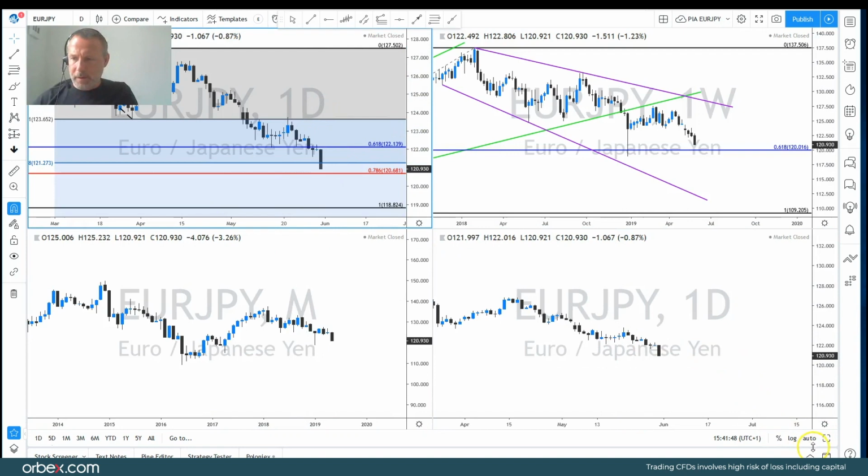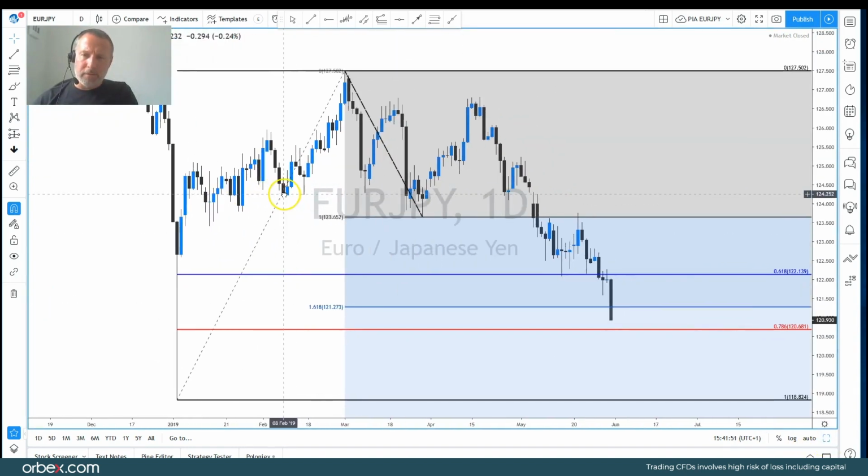And here we're just trying to get a clue with some Fibonacci levels. We've surpassed or broken through the 161.8% fib extension at 121.27. We've got a 78.6% Fibonacci pullback level at 120.68. At the moment, it looks like no clear indication. We did have a signal to buy it on Friday.